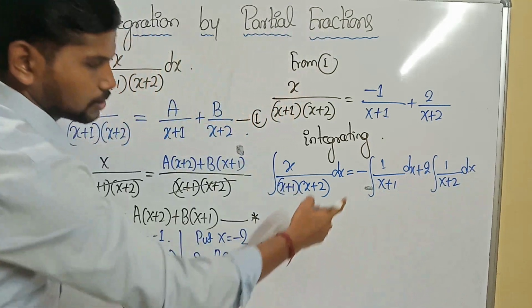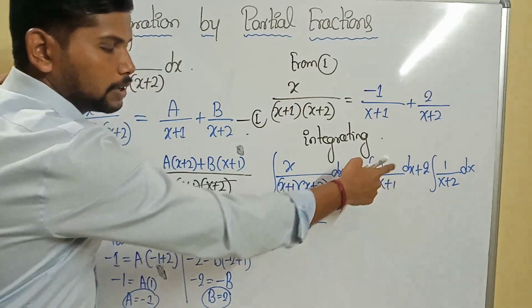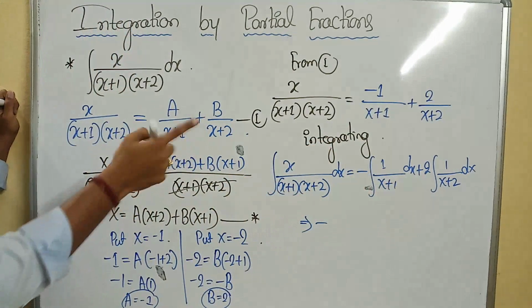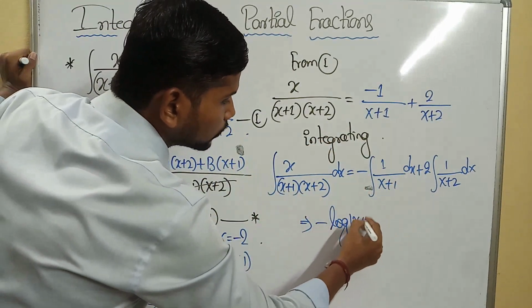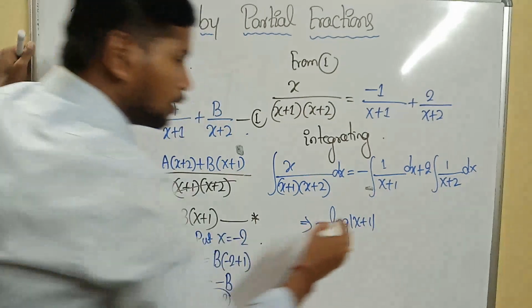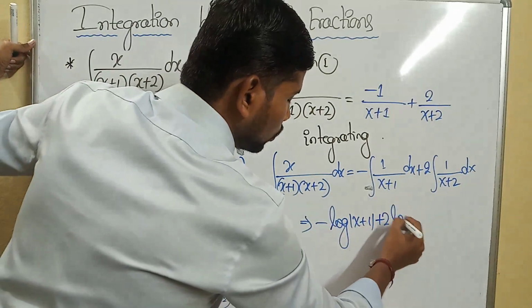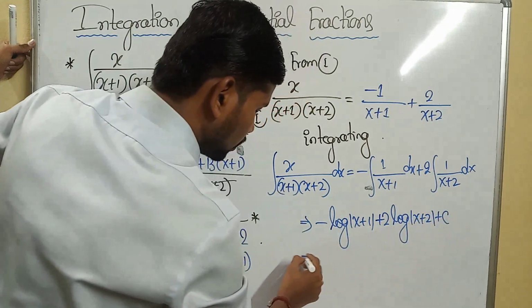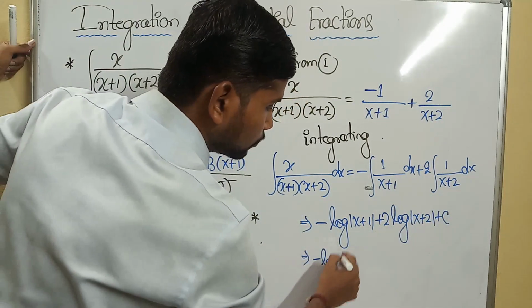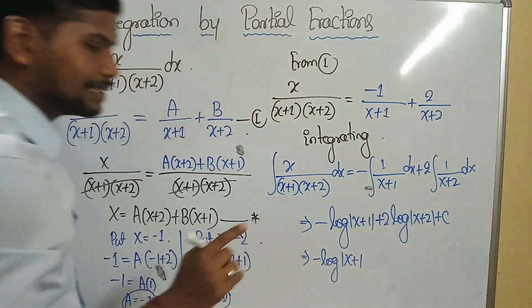Okay, minus: the derivative of x plus 1 is 1, and the derivative of 2 is 0, so the derivative of the denominator is the numerator. The integral of that function is log of modulus of x plus 1, got it, plus 2 times log of modulus of x plus 2 plus c, minus log of modulus of x plus 1 as it is.